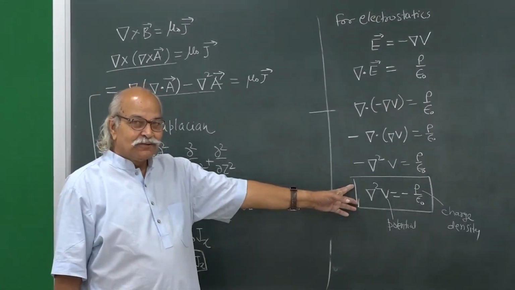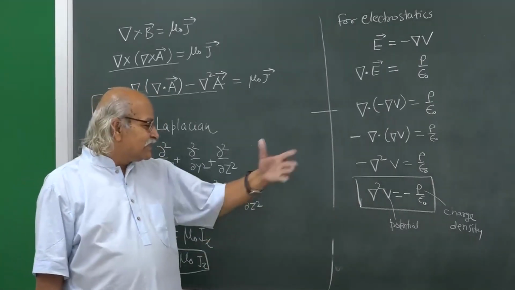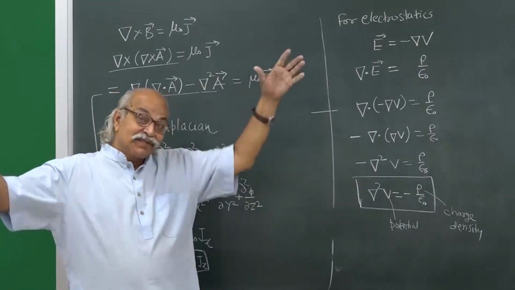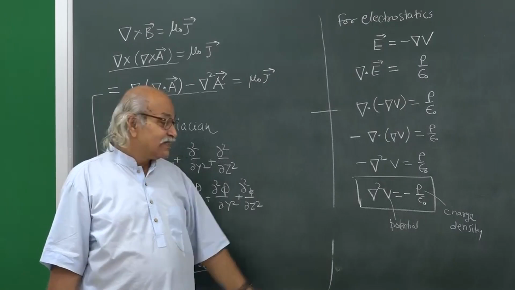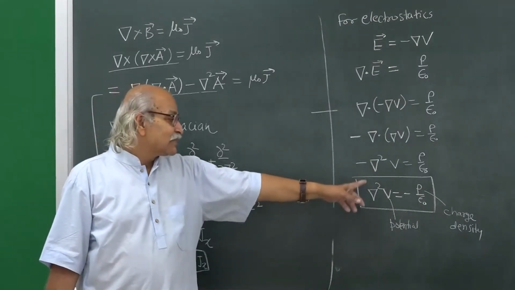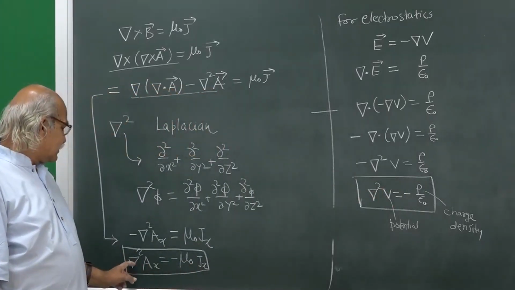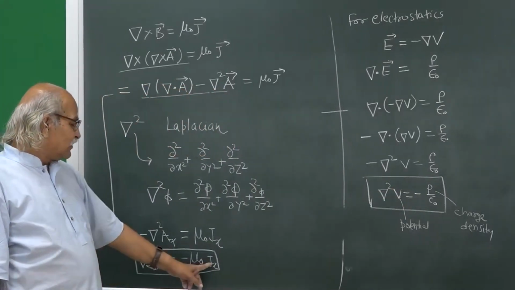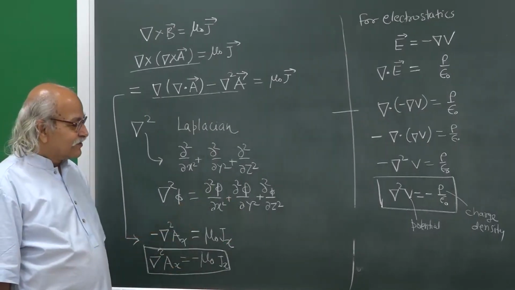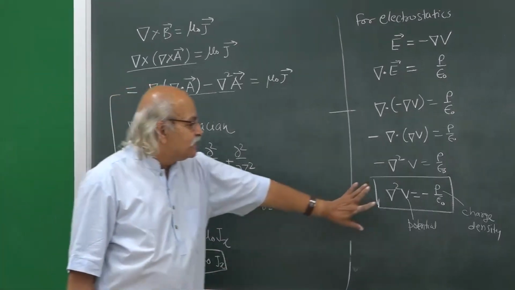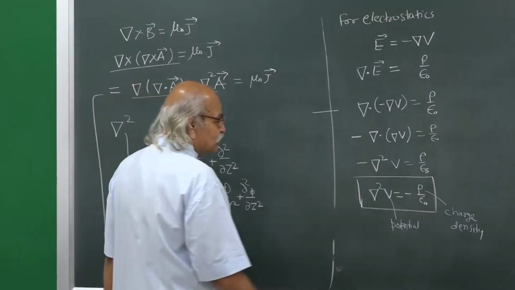Not only for electrostatics and this vector potential here, this Laplacian equation is used in many other branches, in heat transfer, in many other branches, the same mathematical structure. Del square of V is a known function of rho x y z. Here this del square Ax is a known function, current density Jx, identical structure. So, whatever is the solution here, that same will be the solution here, and you know the solution.